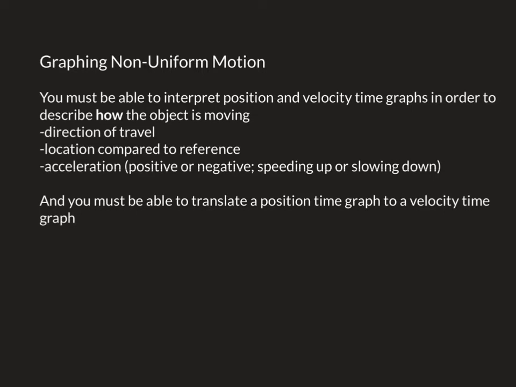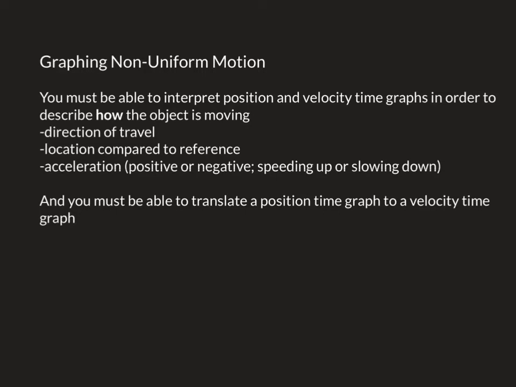If it's negative, it means it's heading south, or down, or left. Or west, I did not say west, okay? So we need to be able to tell which way the object is moving, whether the velocity is positive or negative. We need to know where the object is compared to a reference point, all right? So not only which way is it moving, but where is it compared to the starting spot, or where I'm standing watching it, or whatever your reference point happens to be, okay?